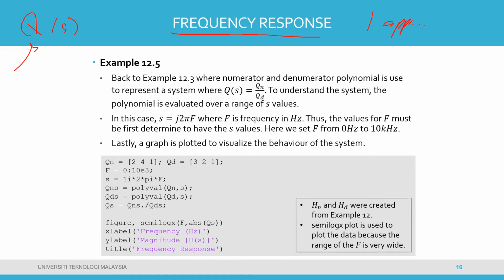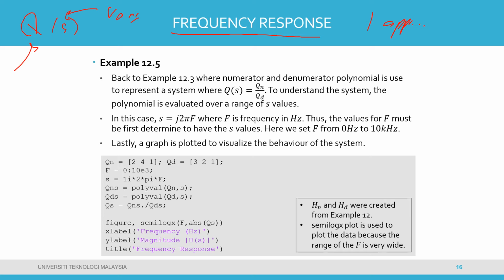In order to do that, you do a frequency response analysis. You look at the response when the frequency, which is s, is varied. You will learn this in chapter 3, but you don't need to understand what the output means. You only need to know how to produce the output.